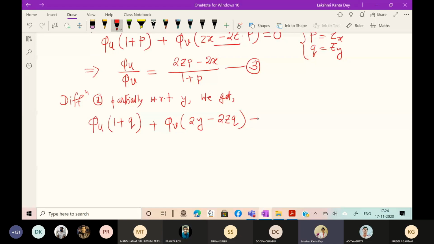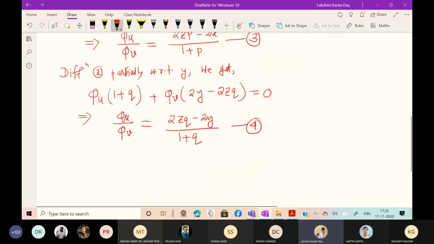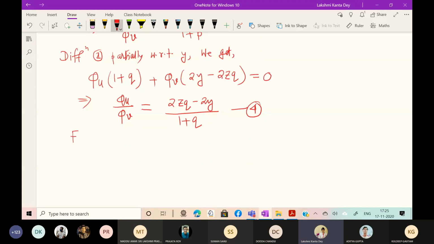Very good. That means phi u by phi v is (twice zq minus twice y) divided by (1 plus q). This is number 4. So from 3 and 4, what can we say? These are equal, the right and left hand sides are equal. So from 3 and 4, we can write.